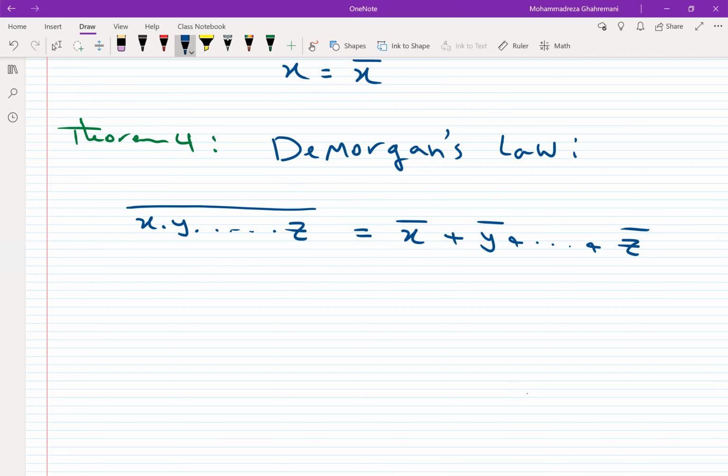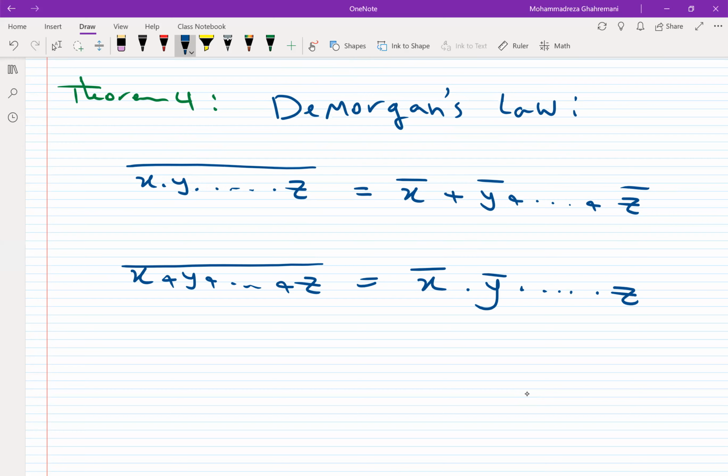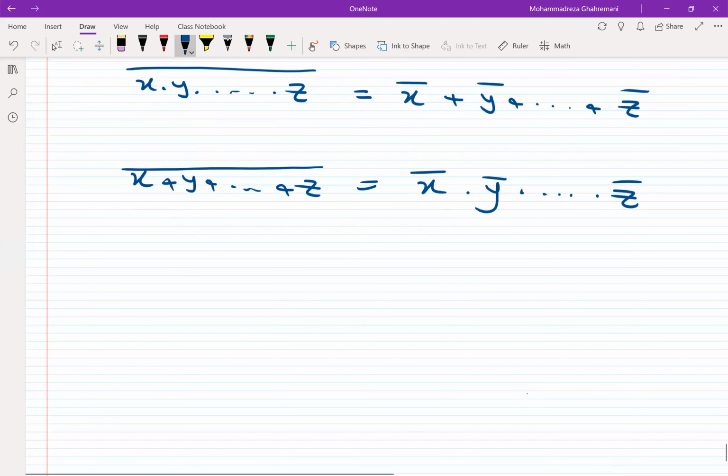And the same thing here, if we have x plus y plus z, if we complement this term, it's equal to x bar dot y bar dot z bar. Okay, it's very important.